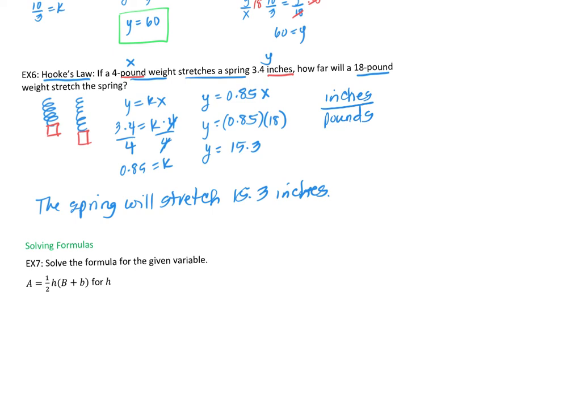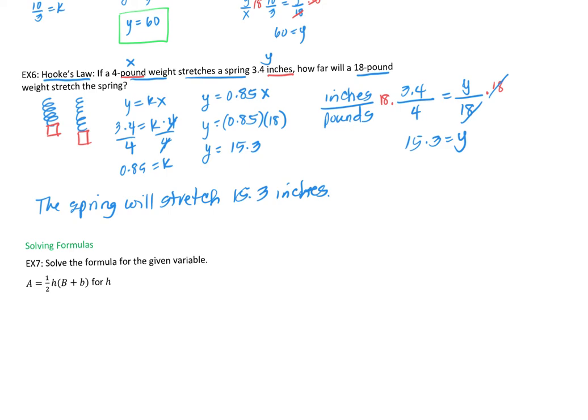And I'm told that 3.4 inches goes with a 4-pound weight. I'm trying to find my inches when I put in 18 pounds. So that would be the proportion. Again, I would just simply multiply both sides by 18 to get the solution of 15.3 in a calculator.